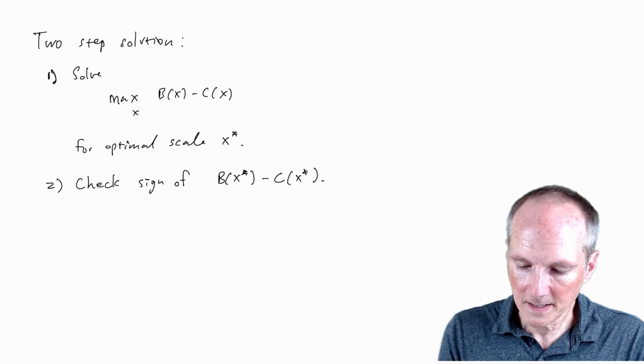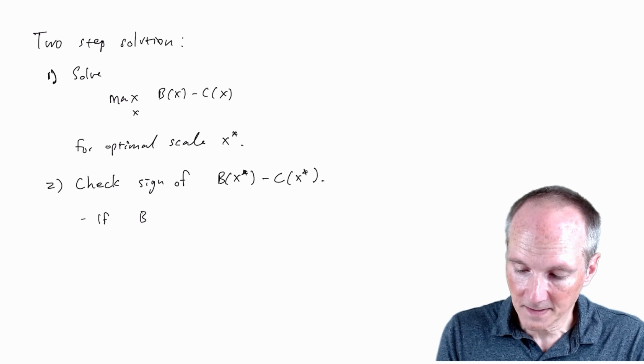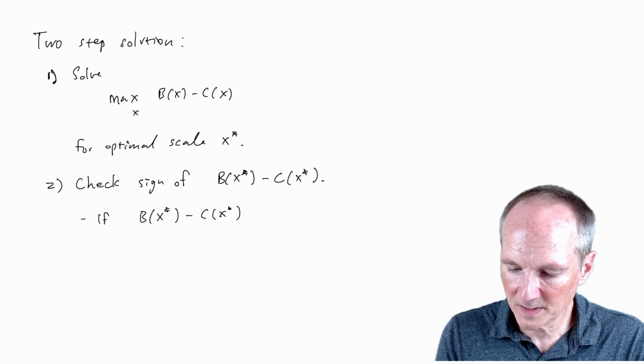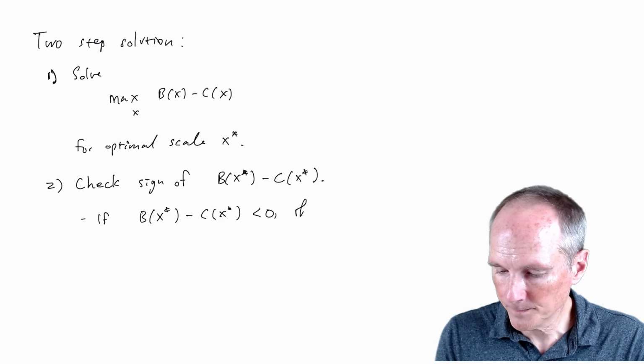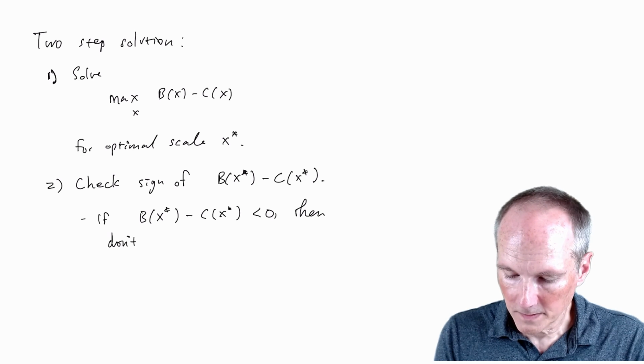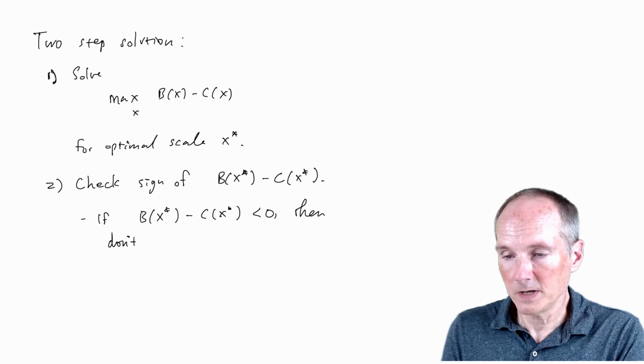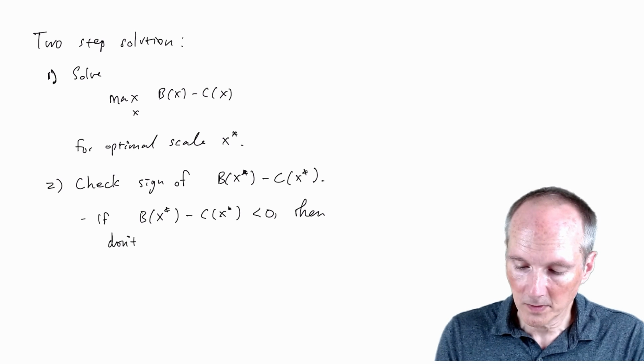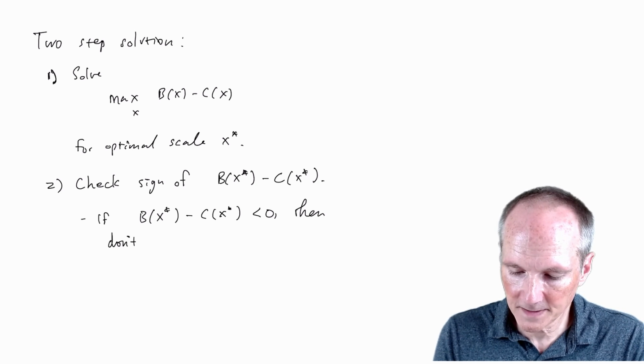If that sign is negative, so the maximized net benefit is negative, then you either don't enter the market, or you don't engage in the activity.